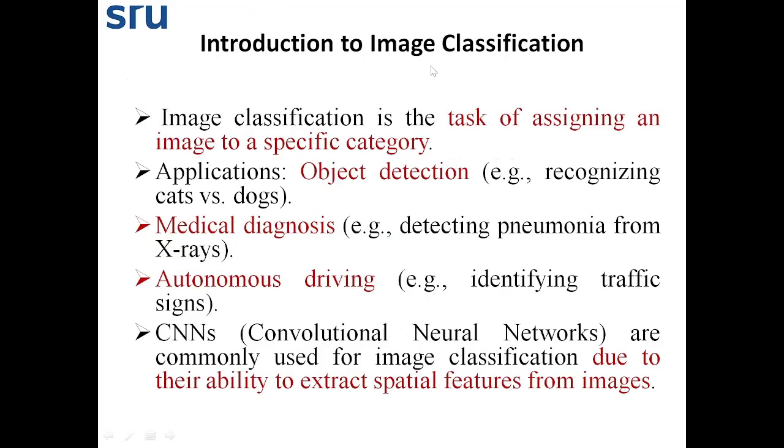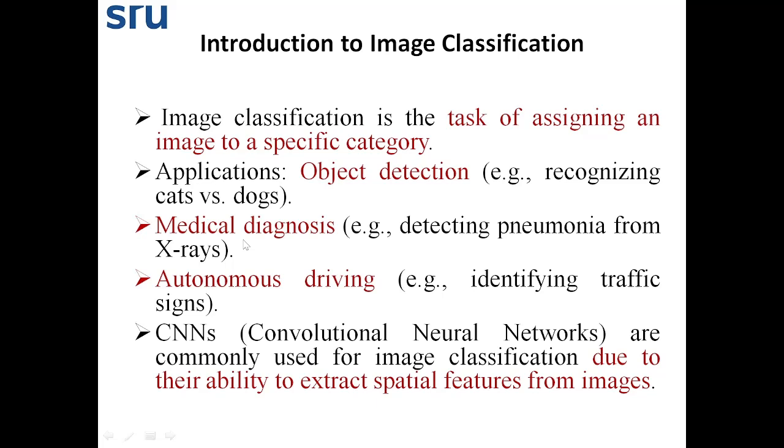Introduction to image classification. Image classification is a task of assigning an image to a specific category. Applications: object detection. Examples of object detection are recognizing between dogs and cats.